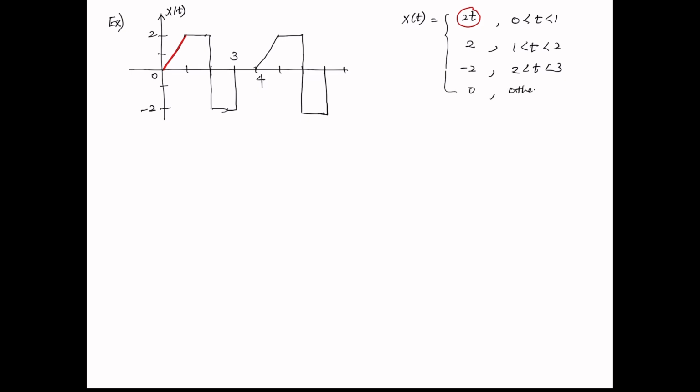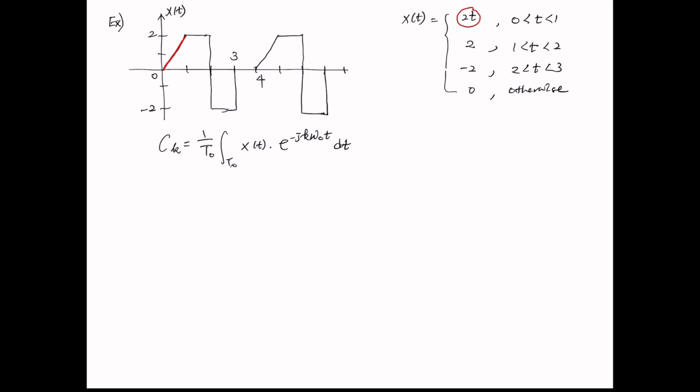and otherwise it's going to be 0. And now we have the Fourier coefficient equation: c of k equals 1 over T naught integral over the fundamental period T naught of x of t times e to the negative jk omega naught t dt. So now we need to find T naught.